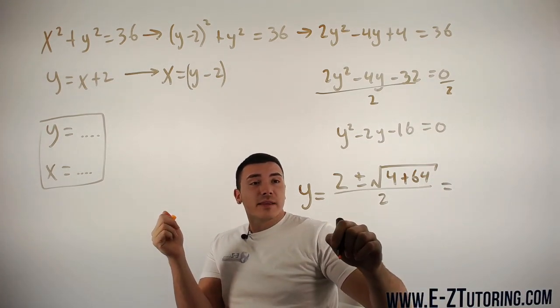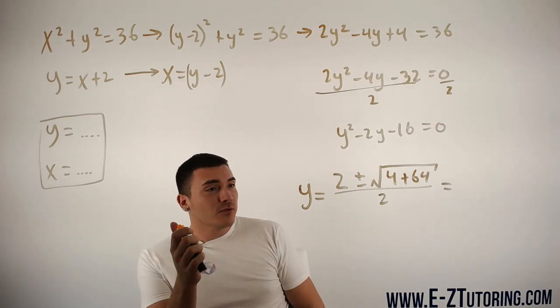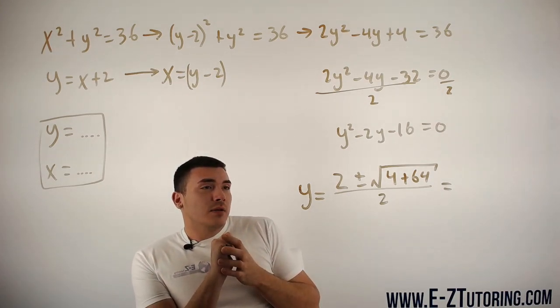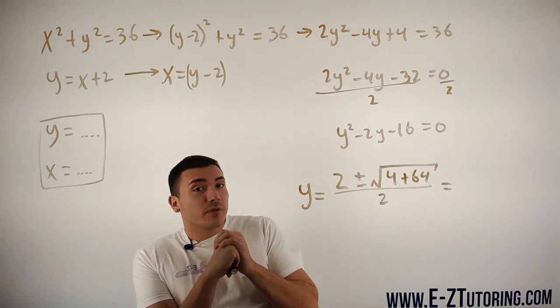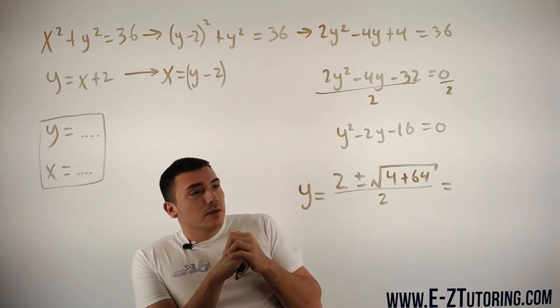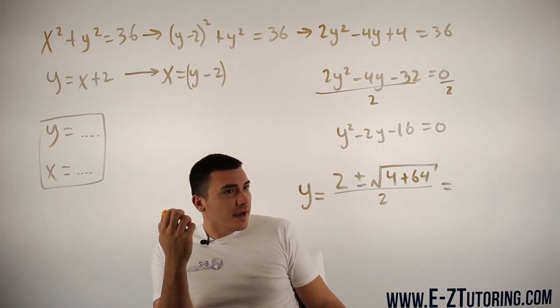Now you can split this up. Well, actually, before we split it up, we can probably simplify this square root. We just have to think, what perfect square goes into 68? We will probably have 4 go in there. That would be the highest one.